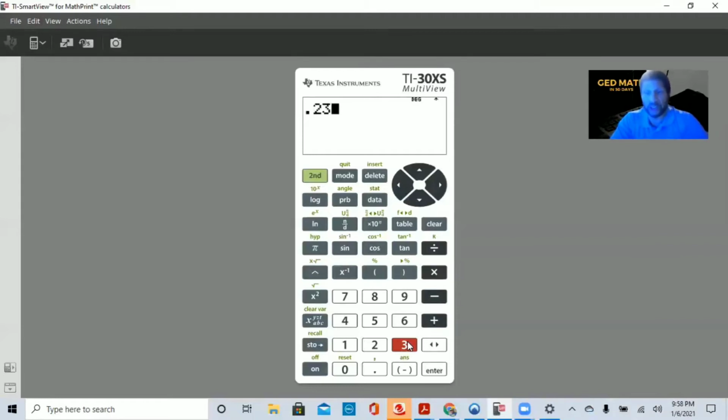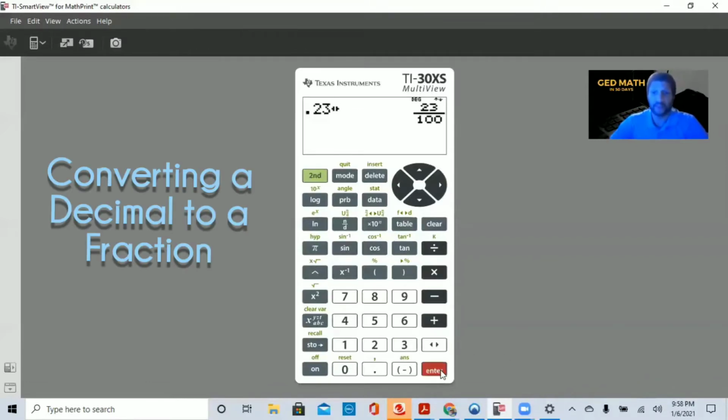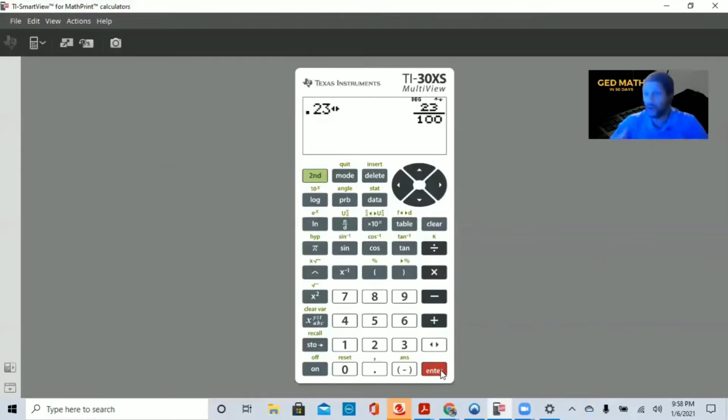If we want to do it manually, because it's in the hundredths place, our fraction will be 23 over 100. But let's make sure. I'm going to hit the double arrows and press enter, and we have 23 over 100. So it's very easy to go from decimals to fractions and fractions to decimals.